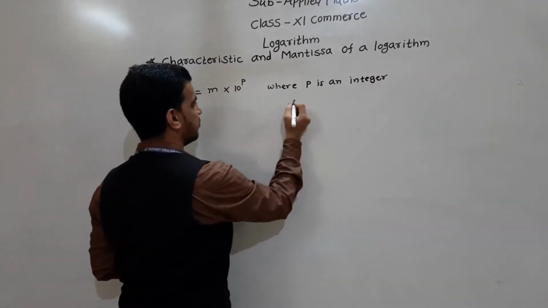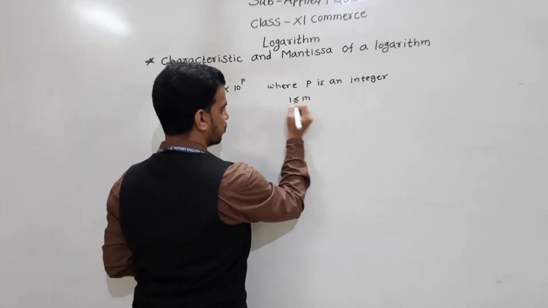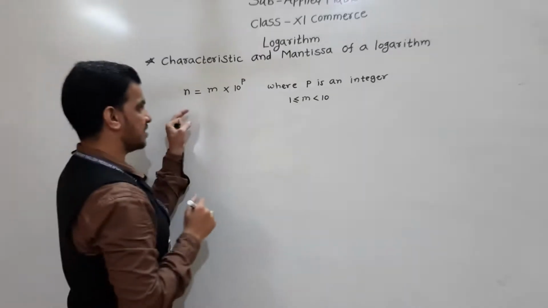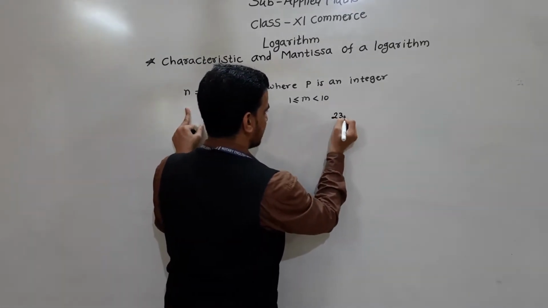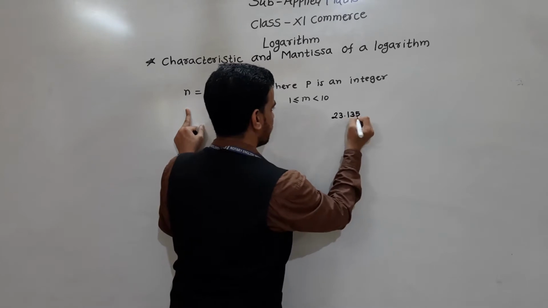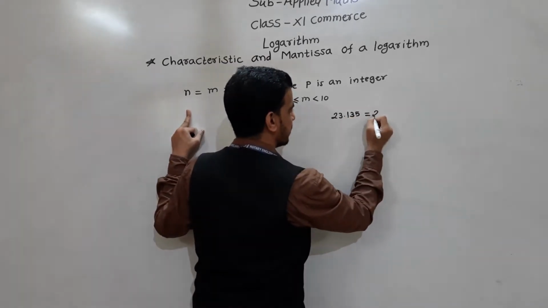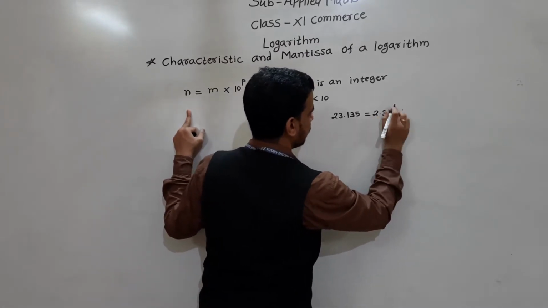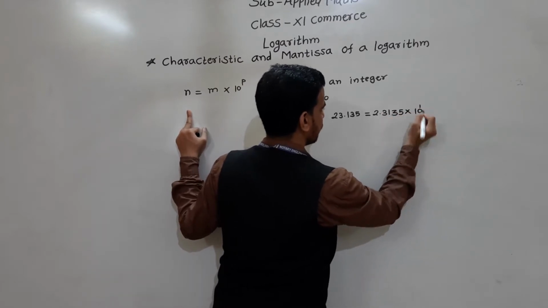This m is greater than or equal to 1 and less than 10. Suppose the number is 23.135. Then we can write this number in standard form of decimal as 2.3135 into 10 raised to 1.